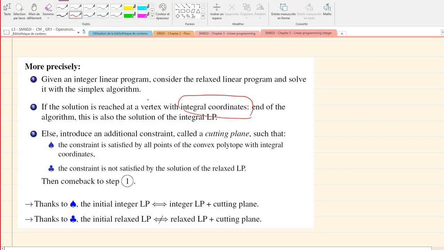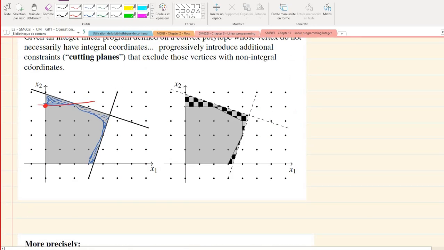What's a cutting plane? How to introduce a cutting plane here? A cutting plane, let's say here, is a straight line. You know that this straight line here and this one, where are they coming from? They represent two constraints, right? Two conditions.